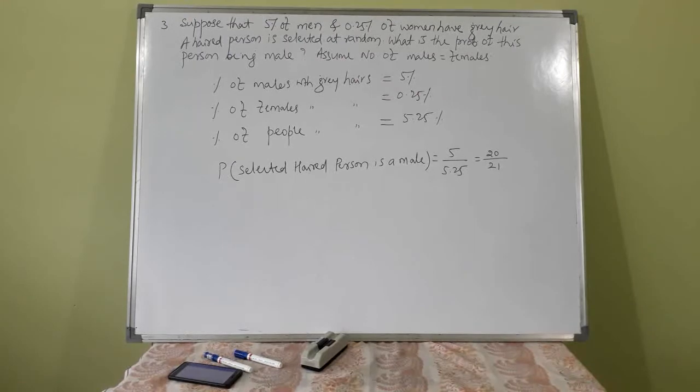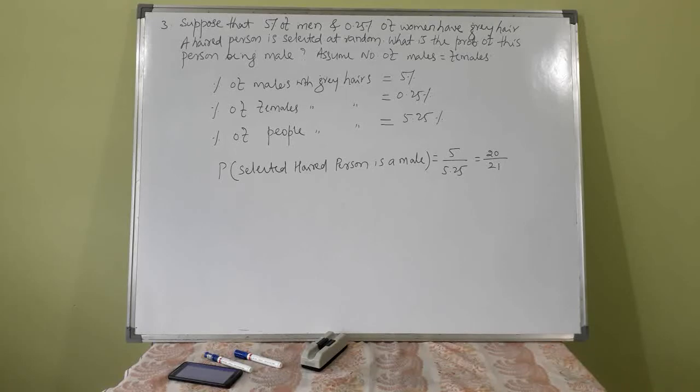Suppose that 5% of men and 0.25% of women have grey hair. A grey haired person is selected at random. What is the probability of this person being male? Assume the number of males is equal to the number of females. So percentage of males with grey hair is 5%.